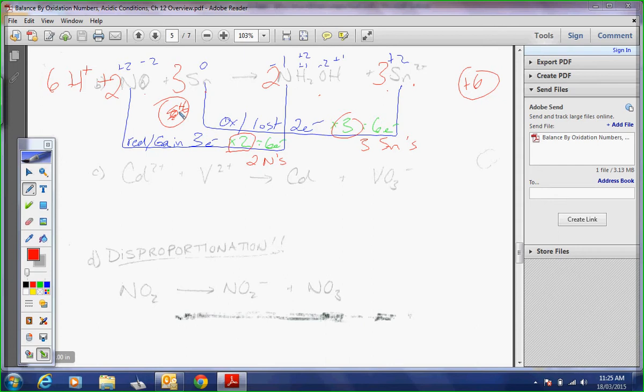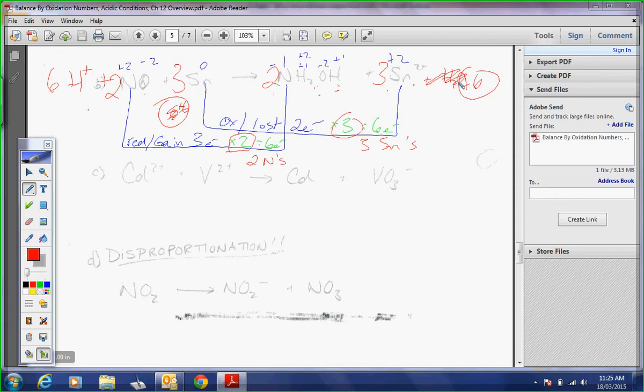Right, so if I have 6 H's over here, and 3 times 2 is 6 over there, hydrogens are balanced. Oxygens: 2 O's and 2 O's. So I don't need any water. Everybody okay with that?